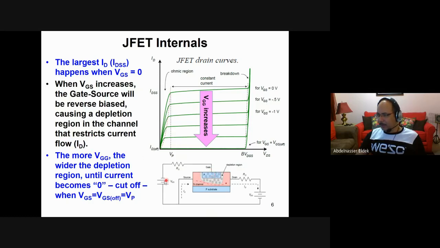So now when you increase this voltage here, this depletion region is increasing, going down, down, down until it blocks this area here. The more VGG, the wider the depletion region until the current becomes zero, and this is what we call the cutoff. And this will happen when VGS equals VGS off or V breakdown.